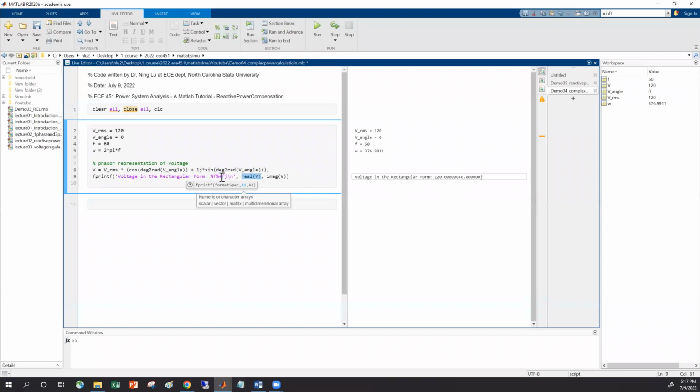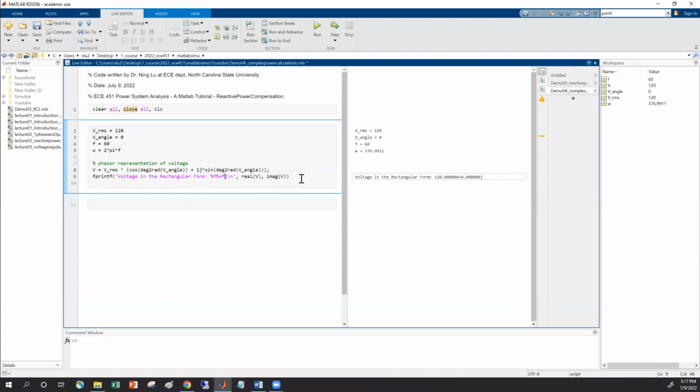But since we need to print out this plus sign and then the j after this imaginary part, that's why we use plus, and then the float number, and then j. Okay, so that's how we print out the result on the screen.